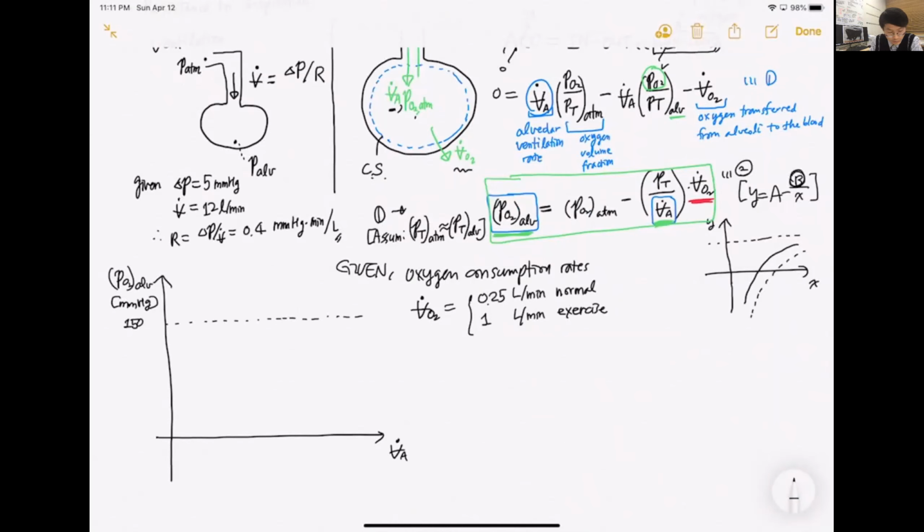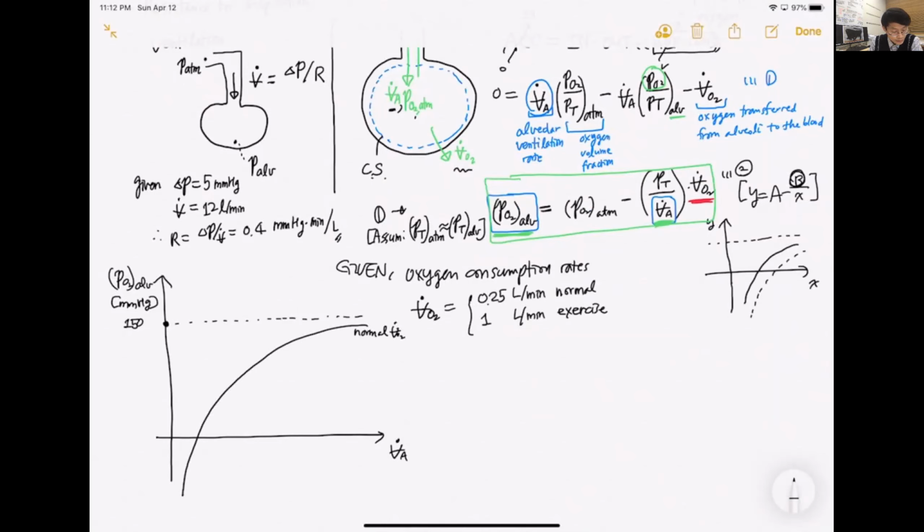So for the normal case, this parameter depends on the oxygen consumption. When it's small, it's closer to this point, supposedly an origin, if you can see here, so that is a normal oxygen consumption.